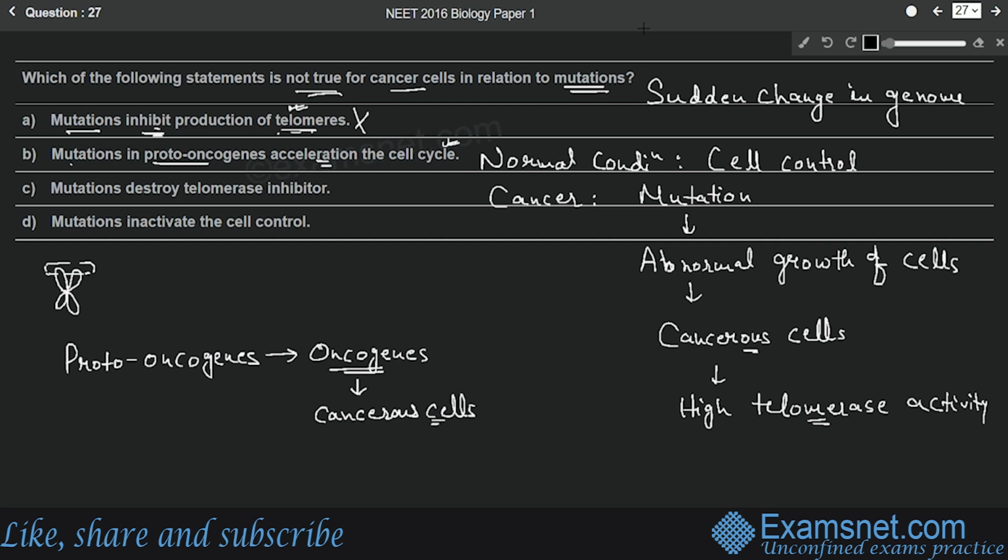So this is a correct statement, that due to mutation there will be the development of oncogenes, and that will accelerate the cell cycle and lead to the formation of cancerous cells.